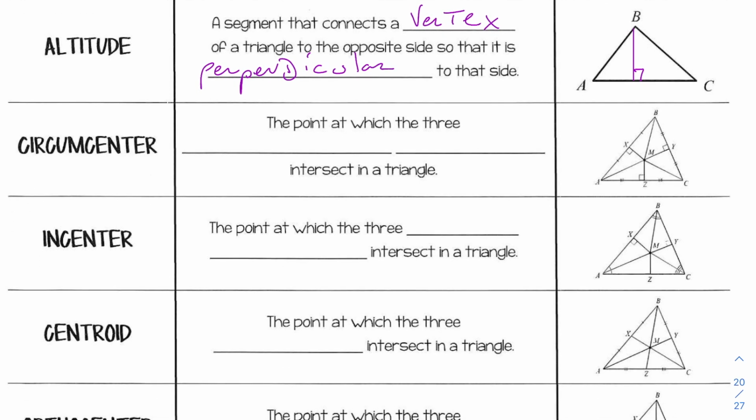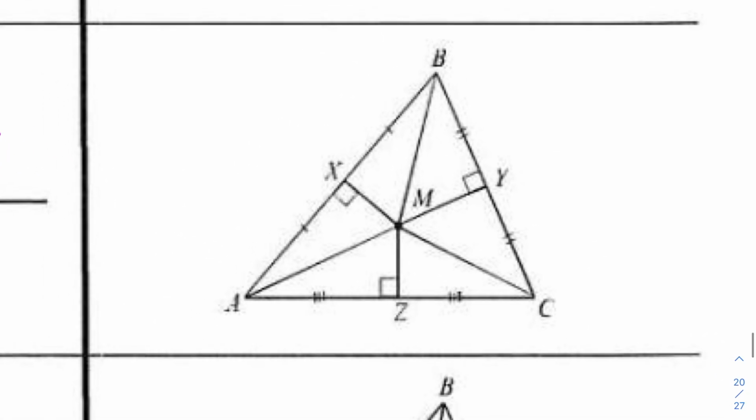The circumcenter. The circumcenter is where our perpendicular bisectors intersect in a triangle. And it looks like that. And its superpower is that it is equidistant to the vertices.